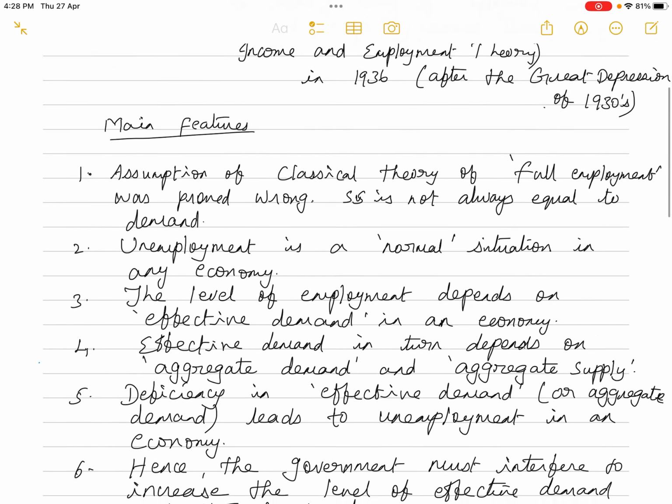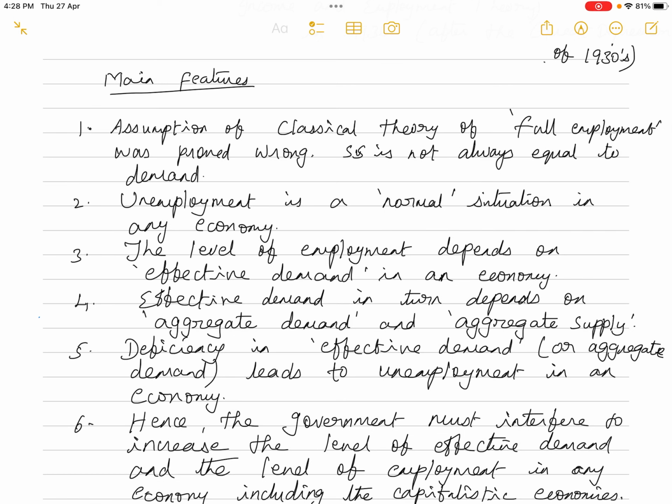The first one is that, according to Keynes, the assumption of the classical theory of full employment was proved wrong. Before the 1930s, microeconomics was popular, and the classical economists, Adam Smith, especially J.B. Say, Ricardo, were all of the view that the economy will always be under conditions of full employment, with full employment of all the resources in the country: land, labor, capital, organization.